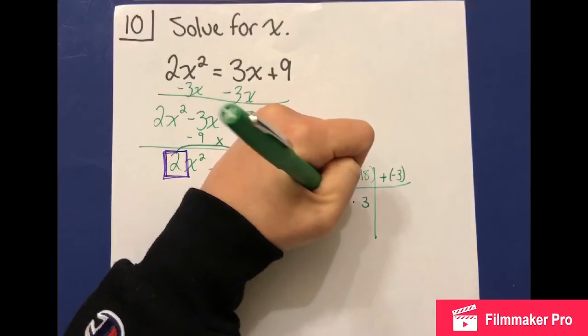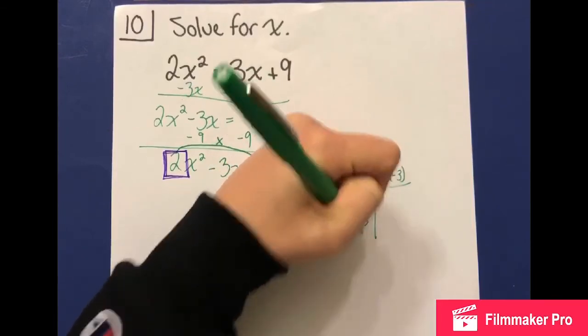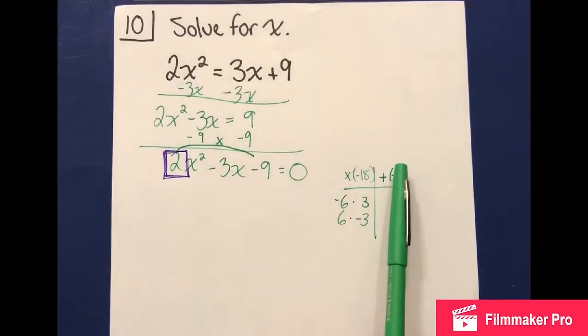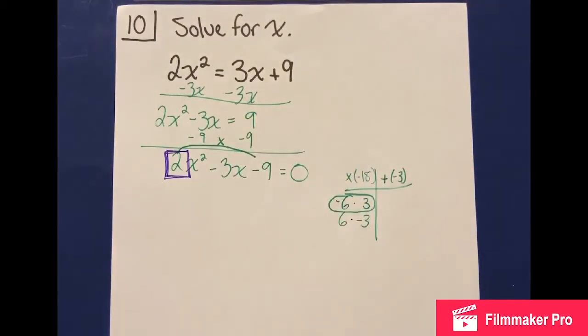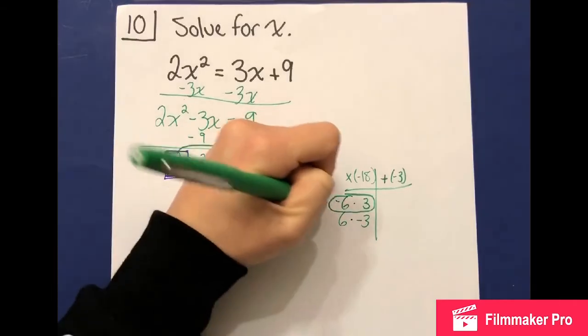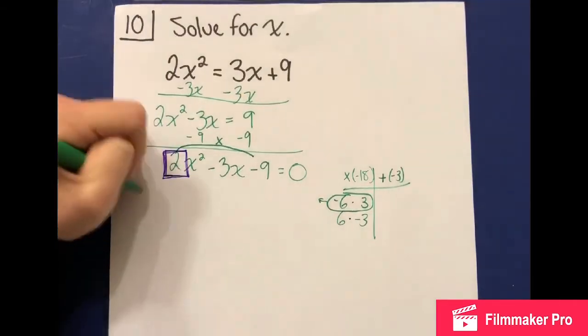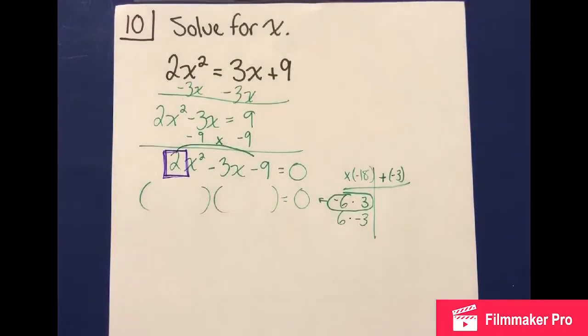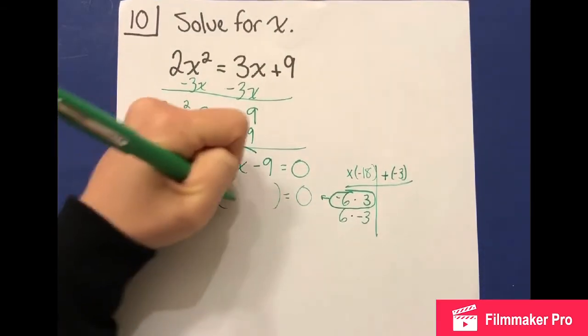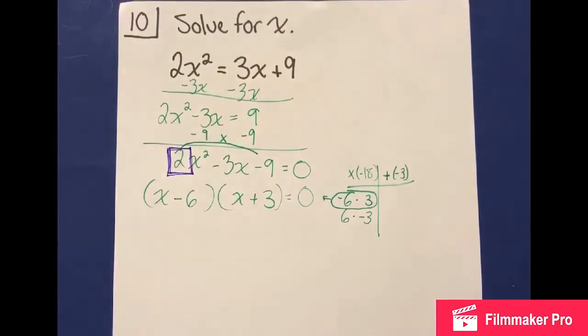It's a negative 18, so one has to be negative, one has to be positive. And which of these adds to negative 3? Need that 6 to be the negative one. So let's go over here, just like before, and break it up. So I have x minus 6, x plus 3.